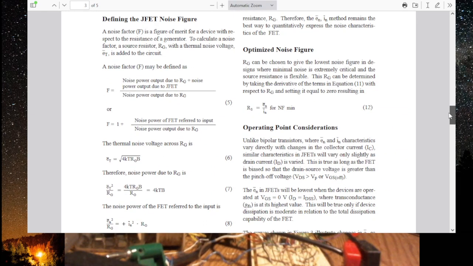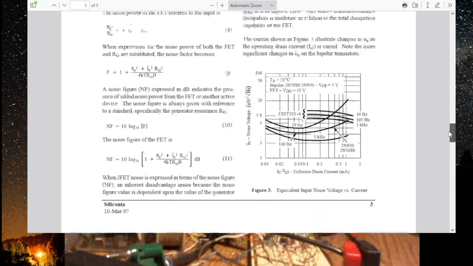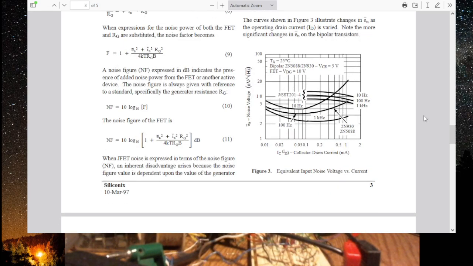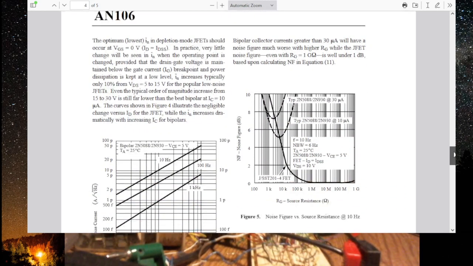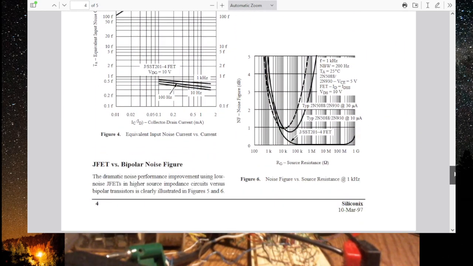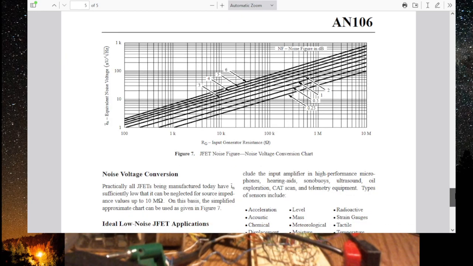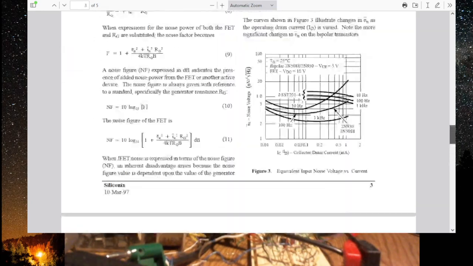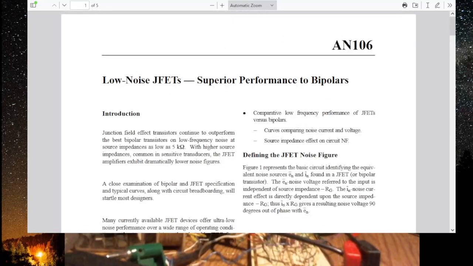Let's see. Defining the JFET noise temperature. Well, the noise temperature of these transistors and FETs is much lower than the signals that I'm going to be getting to amplify, hopefully. There's really no circuits in that one, but it just talks about noise.